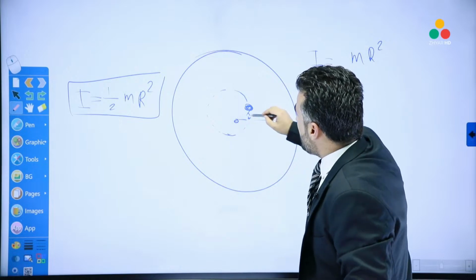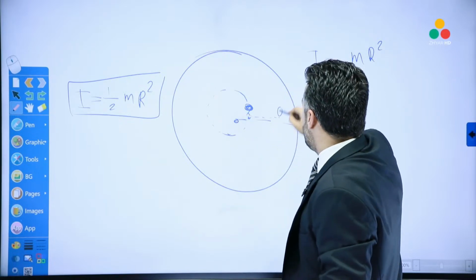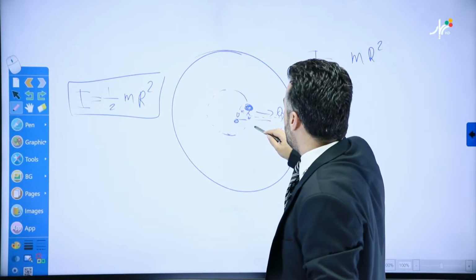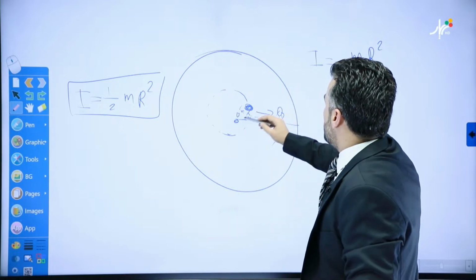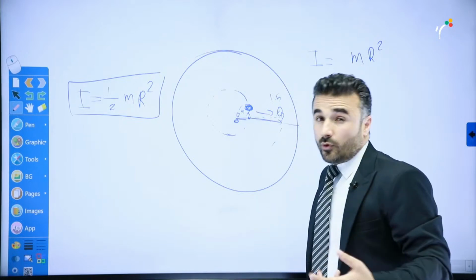But later on, this child will be moving outward, so the child will come to a point that is here, let's say. So the radius is 0.5 here, and then the radius here is going to be 1.5. So you see, the radius is going to change for the child.